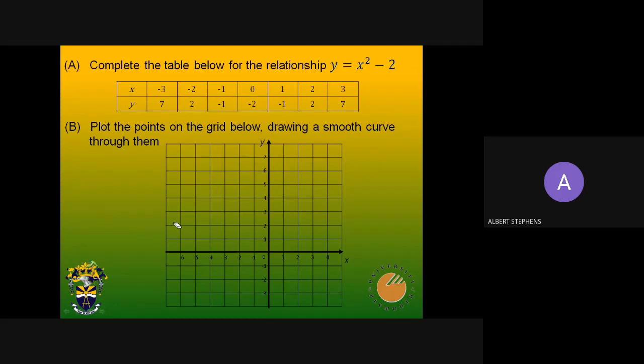Let me see if you are able to plot those points correctly, all right? And if you think you plotted them correctly, I want you to sketch that curve. Remember, when you're sketching a curve, you can't use a ruler, right?